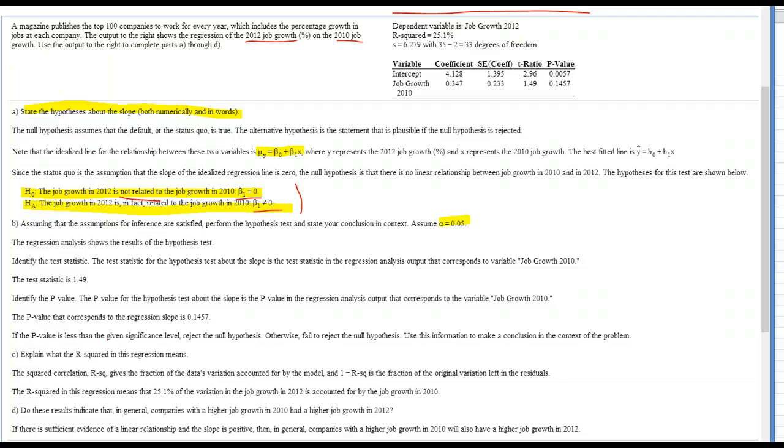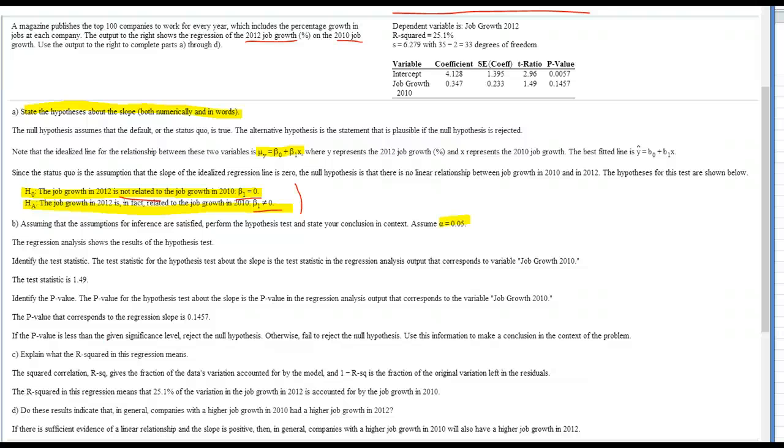The important thing to look at in the analysis provided is that the first row has to do entirely with the intercept, and typically we are less interested in the intercept than in the coefficient of x, which bears more weight on the strength and the existence of the relationship.